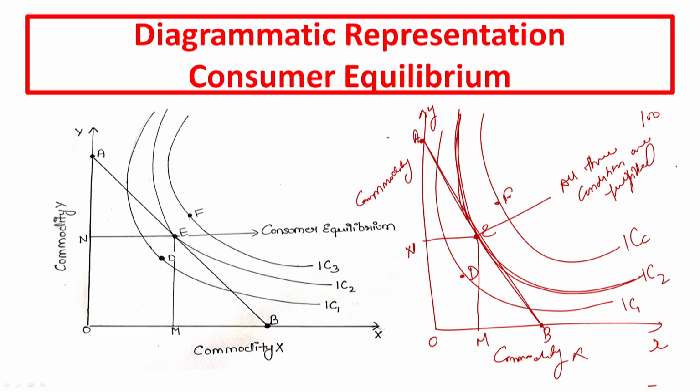The consumer will not be in equilibrium at point F and point D, because here only one condition is fulfilled, that is the condition of indifference curve needing to be convex to the origin. But the other two conditions, price line is tangent to indifference curve, neither is it being followed here, nor here.